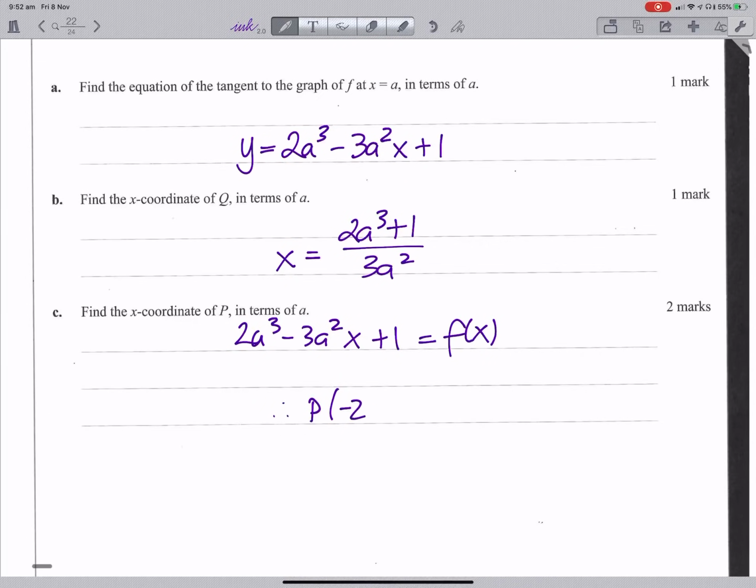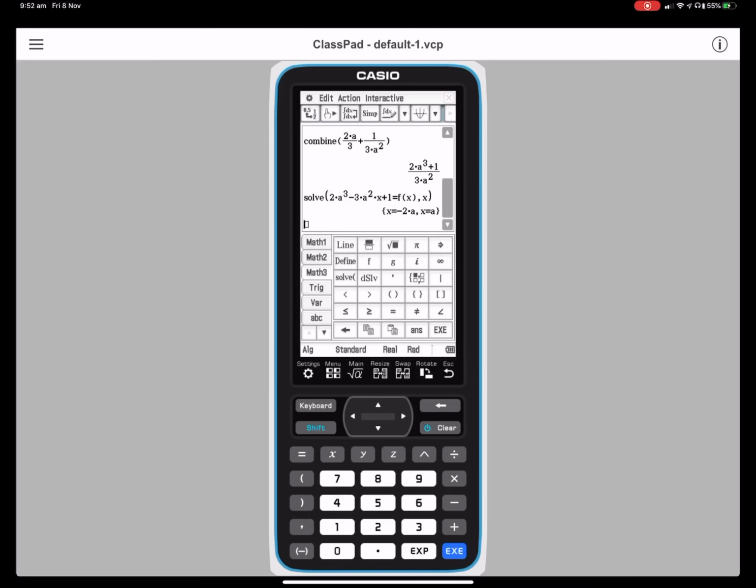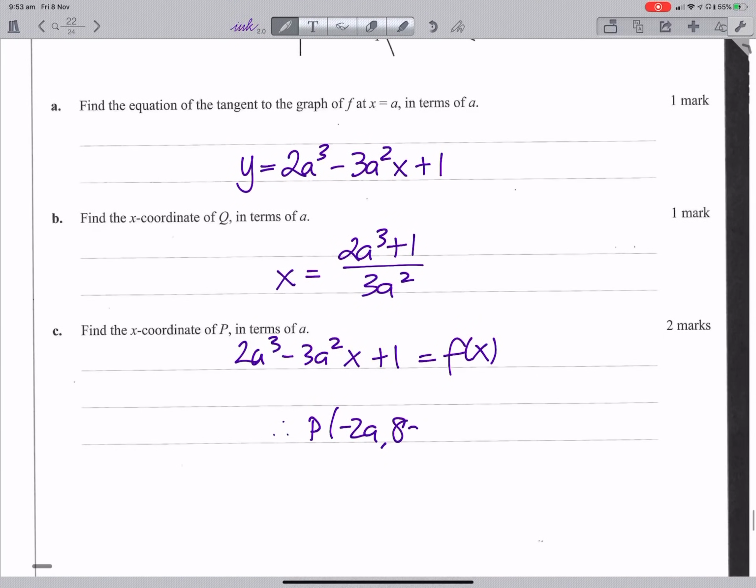Therefore, P is negative 2a. And then we can just say f of negative 2a, because that'll give us our y value. 8a cubed plus 1.